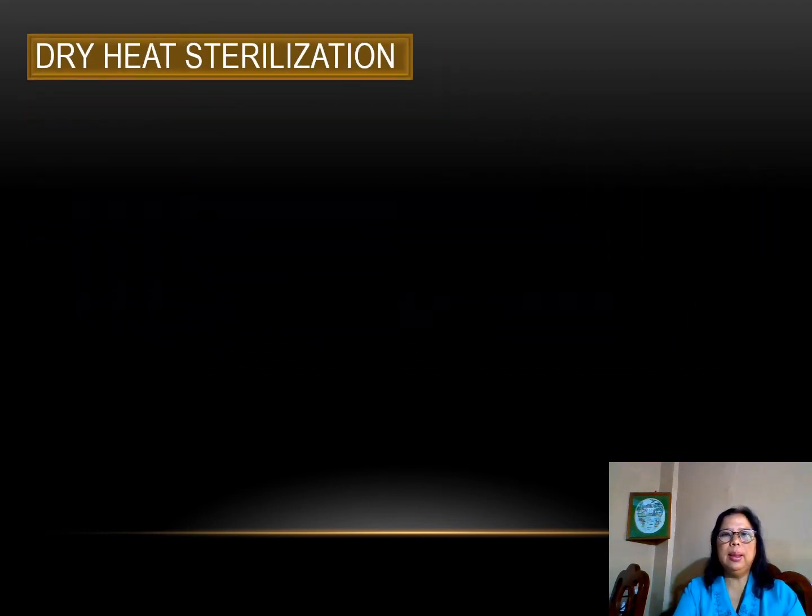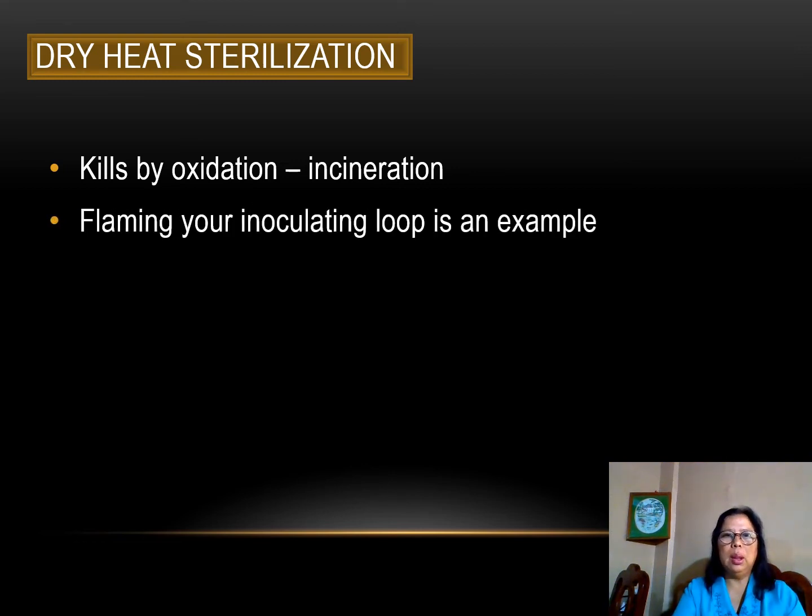Dry heat sterilization. What are these? This includes your incineration. It kills by oxidation. Flaming of an inoculating loop is an example of a dry heat sterilization. Hot air sterilization using the oven. This is one of the last activities in microbiology of last year.